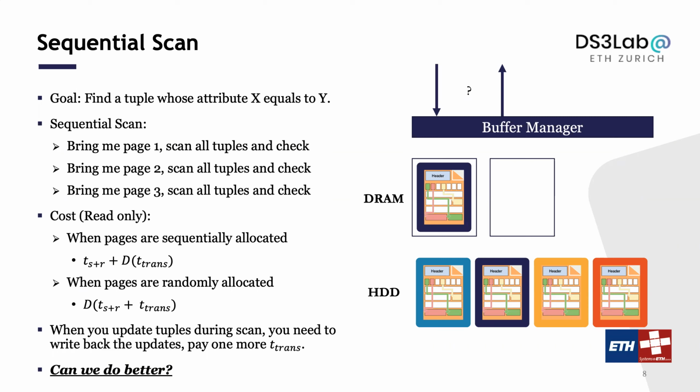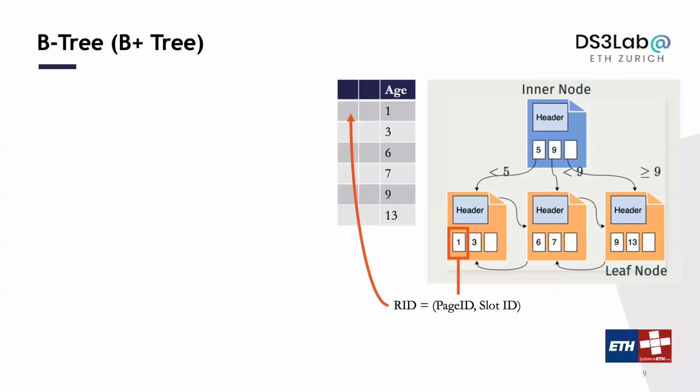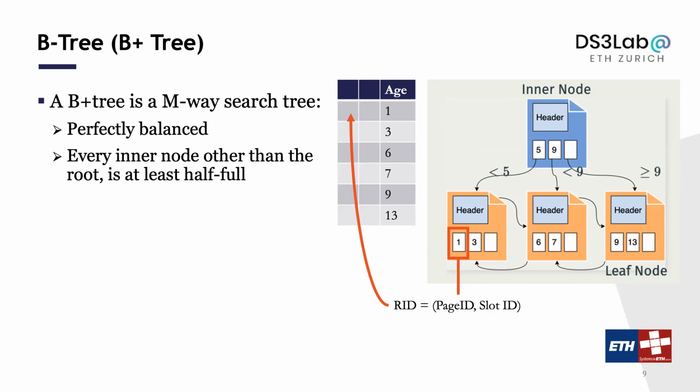Because when you have terabytes of data, scanning them is often very, very slow. We talk about one way to do that. So we talked about B+tree on Wednesday, right? Essentially, it is an m-way search tree you build over your relation. So it's perfectly balanced.